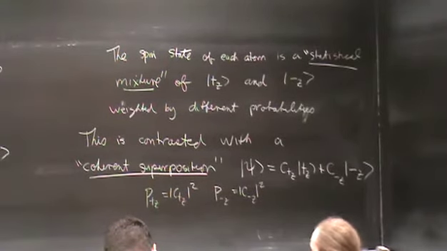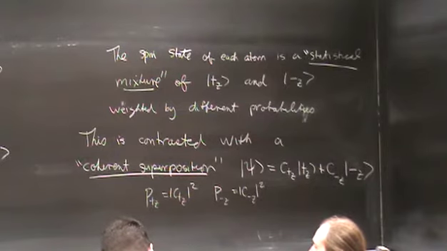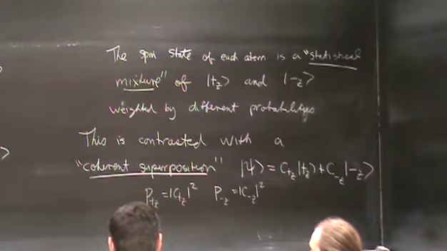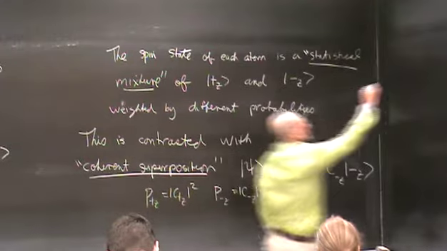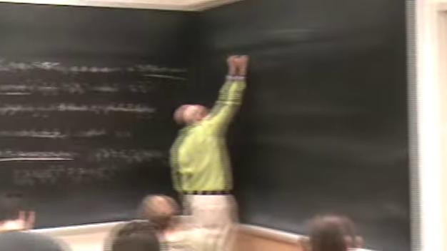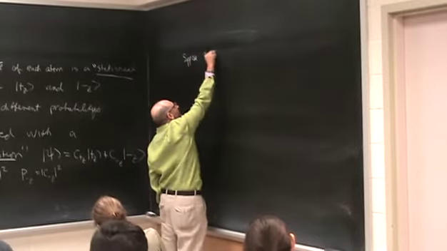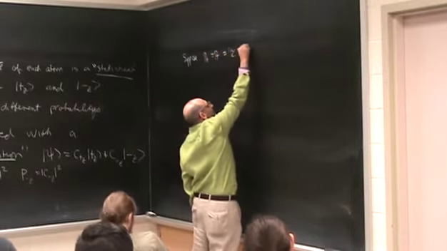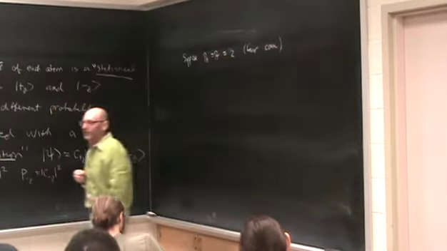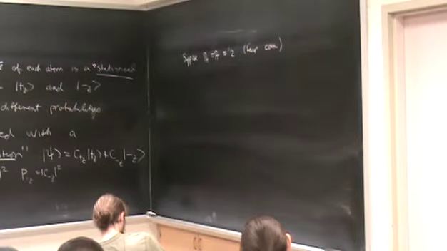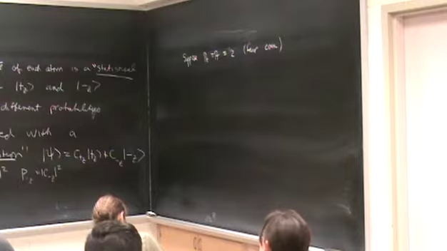Because in the statistical mixture case here, we saw that the outcome of seeing up and down along x is a half, right? Suppose the probability that heads equals the probability that tails is a half. Okay, fair. You have an equal statistical mixture of spin up and spin down along the z-axis.